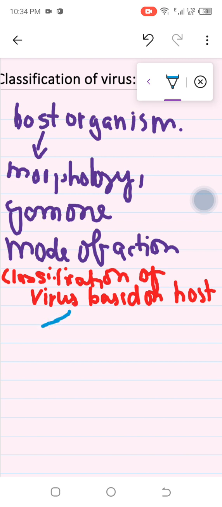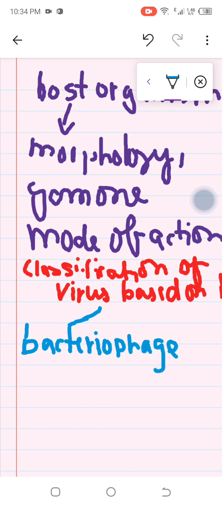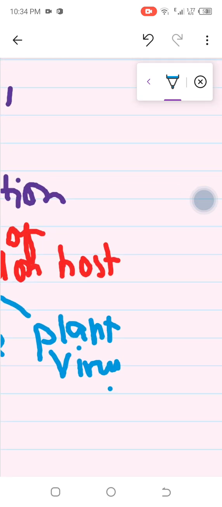One is bacteriophage, another is plant virus, and third we have animal virus.